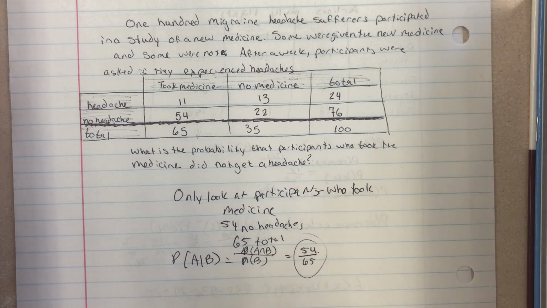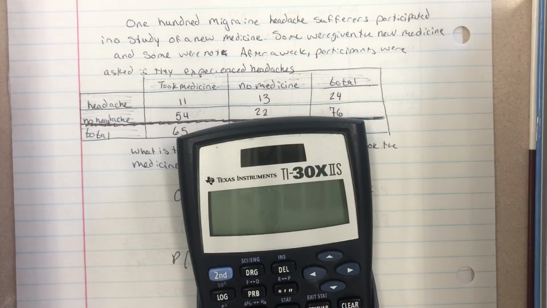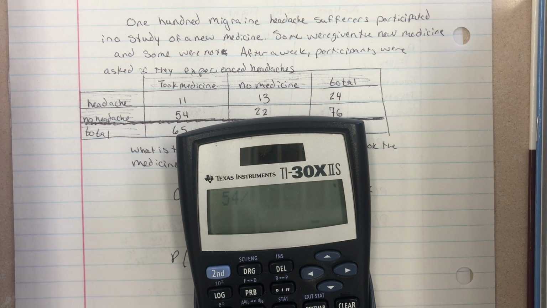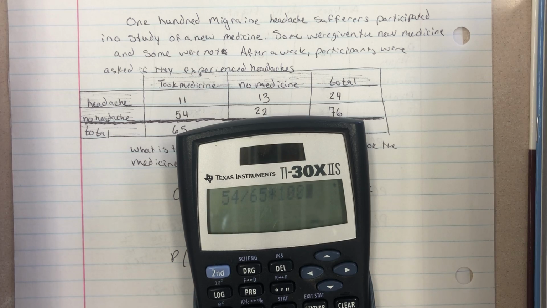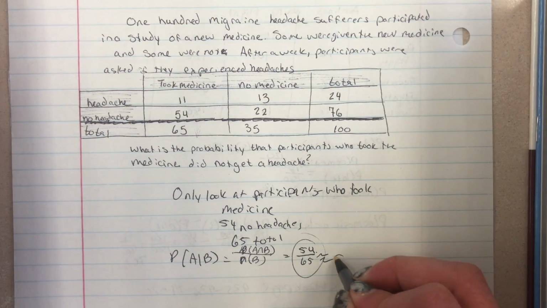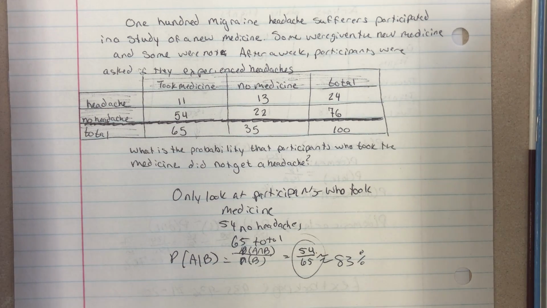This is our conditional probability. And if I were to type that into my handy dandy calculator, 54 divided by 65 and multiply it by 100, it'll give us our percent, and it's about 83%. So about 83% of people who took the medicine did not experience headaches.